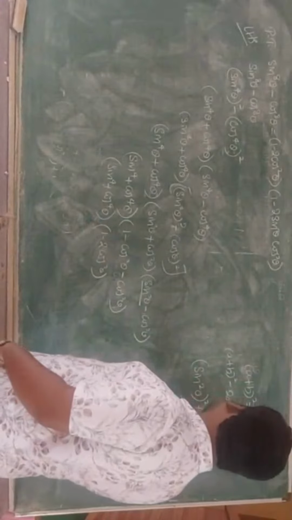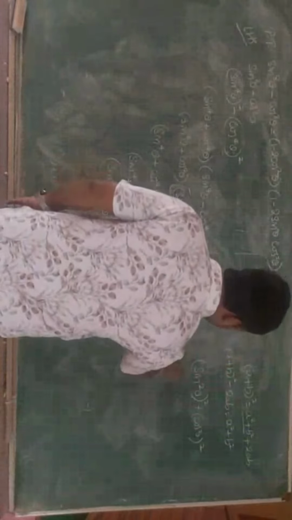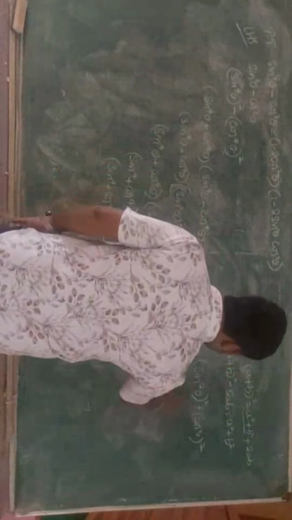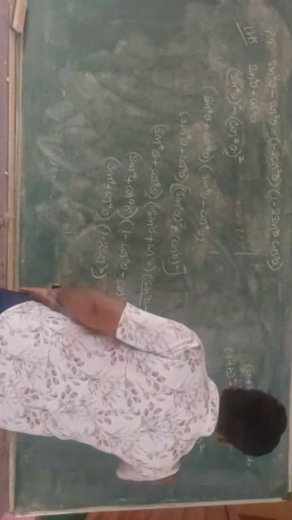Yes. Here sin to the power 4 theta plus cos to the power 4 theta is there. This I can write as (sin square theta) whole square plus (cos square theta) whole square. This is a square, this is b square. So a square plus b square we can write as (a plus b) whole square minus 2ab, meaning (sin square theta plus cos square theta) whole square minus 2 into sin square theta into cos square theta.